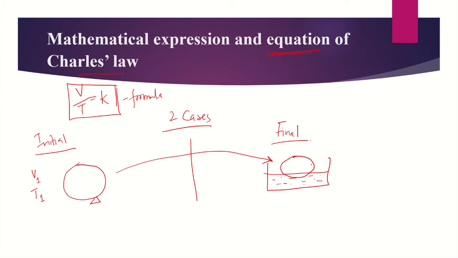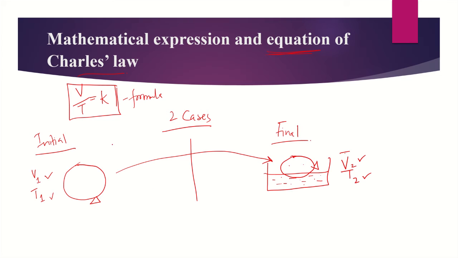What we will observe is the temperature increased to T2, that is the final temperature, and the volume of the gas will also increase to V2. So in the initial state, we take the volume as V1 and temperature as T1. Then for the final state, we take the volume as V2 and temperature as T2.